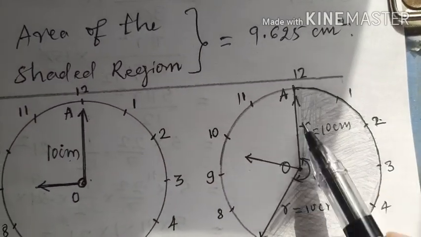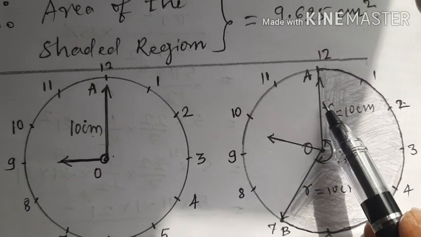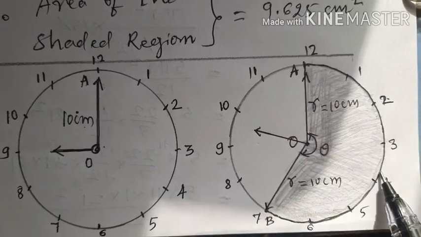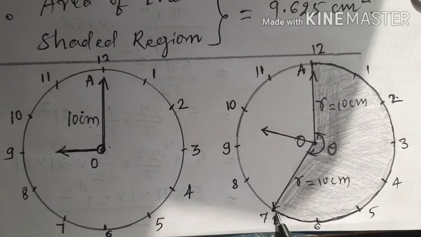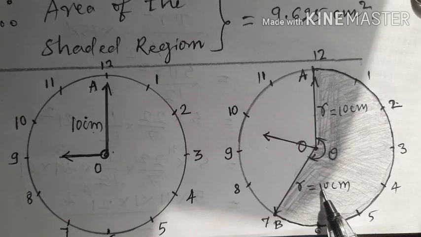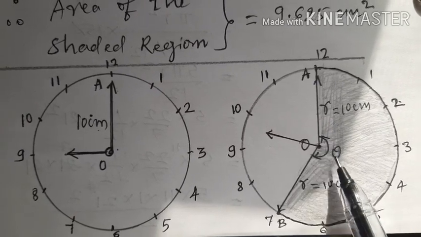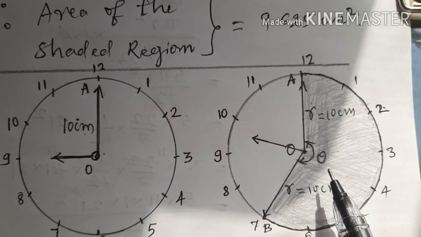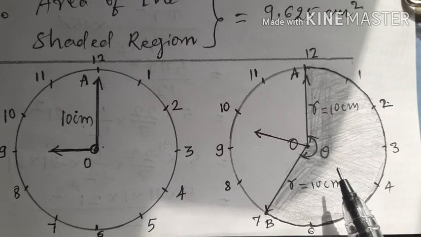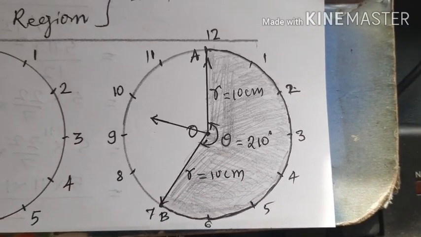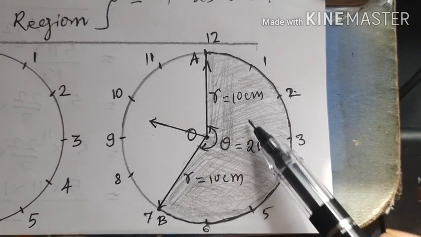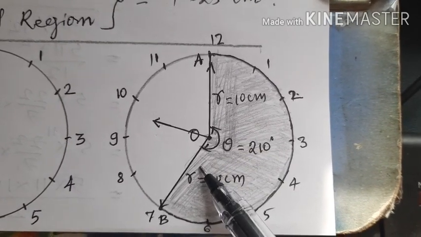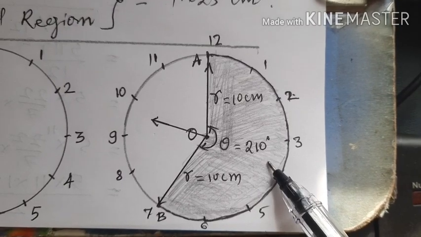But when it rotates from 12 to 7, the sector angle formed is 210 degrees. Look at this, this is the sector angle for 35 minutes, and it is 210 degrees.